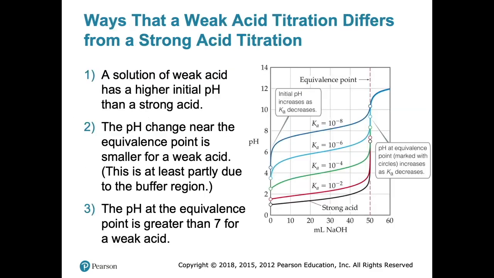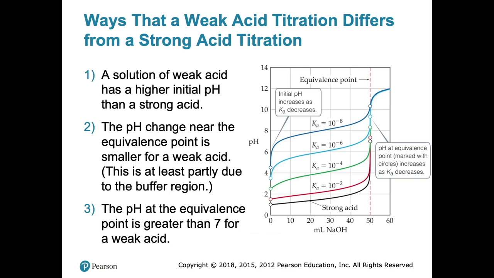So, in what ways does a weak acid titration differ from a strong acid titration? You can be guaranteed that I'll ask you this question on the exam or on a quiz. Which of the following is different between a titration of a weak acid and a titration of a strong acid?